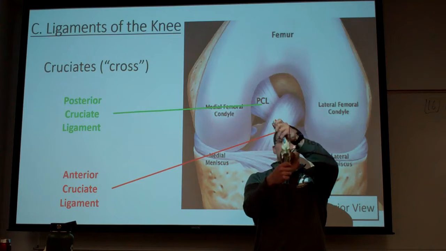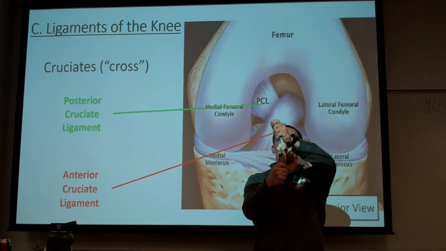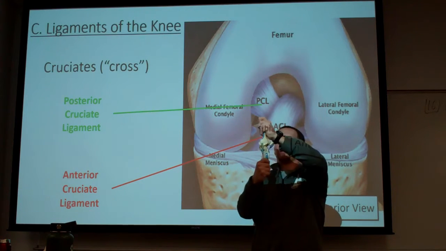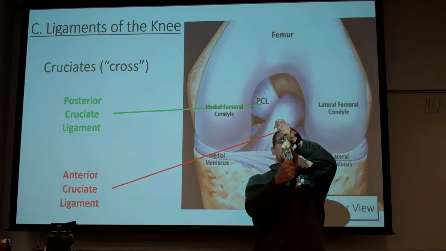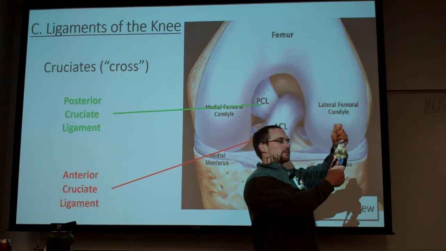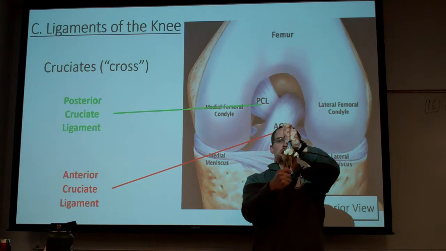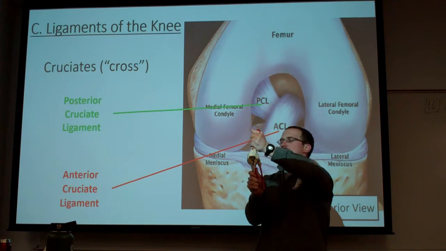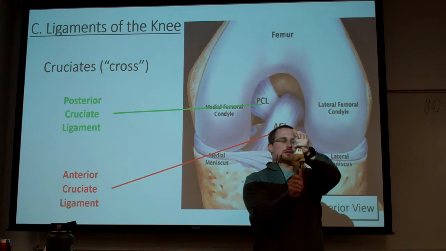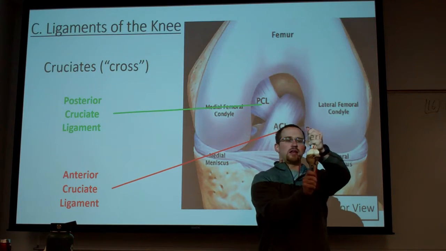So if I've got my knee joint here, it prevents excessive anterior and posterior movement of the tibia. Prevents that from happening. And again, since going forward and backwards occurs in the sagittal plane.